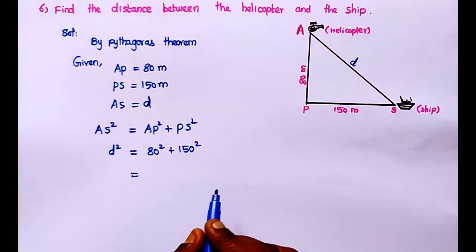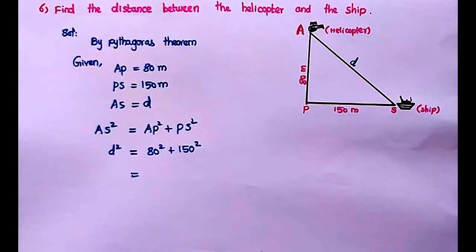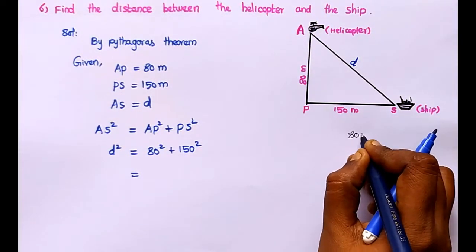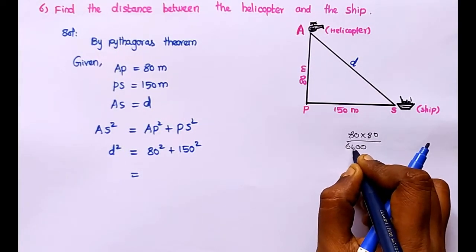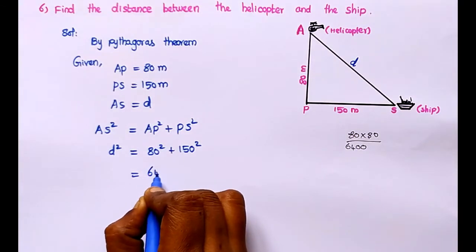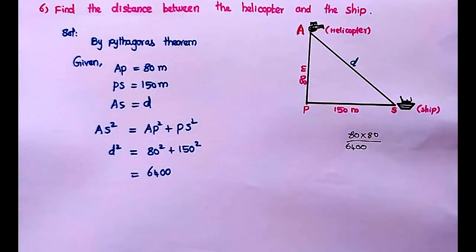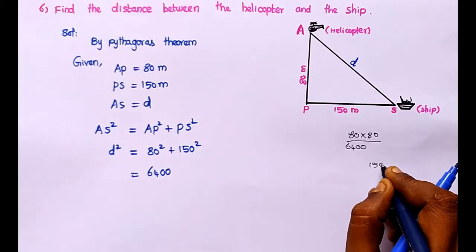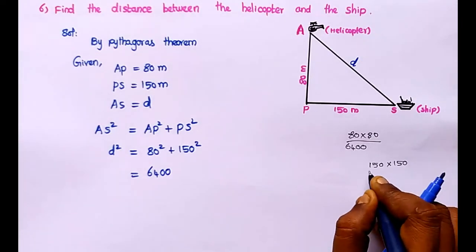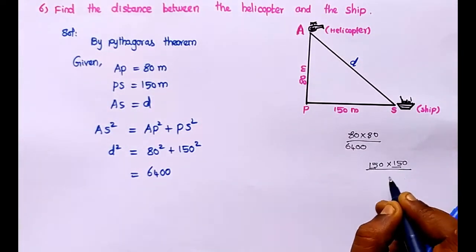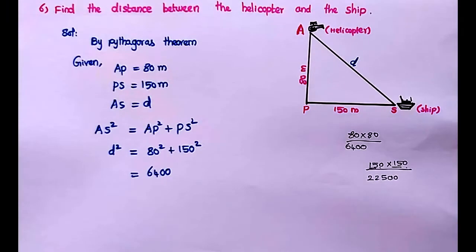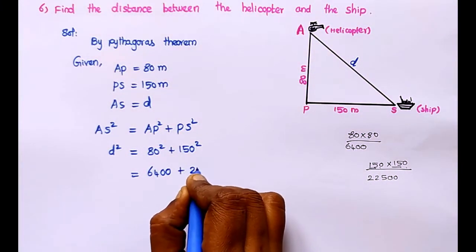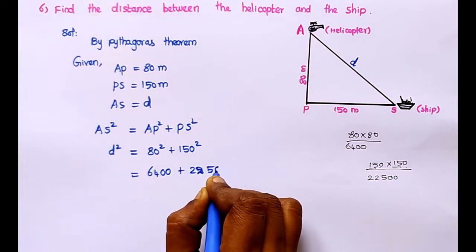Now listen, 80 squared, 80 into 80, 0 0, 8 eights are 64, so 6400. Next one, 150 squared, 150 into 150, 15 we know that 225, put the 2 zeros means 22,500.